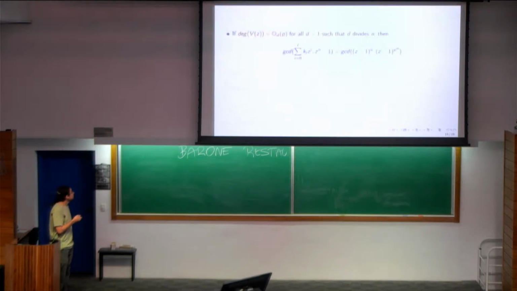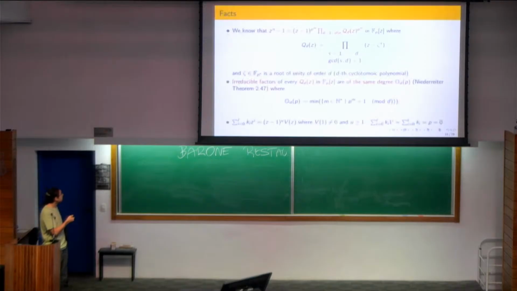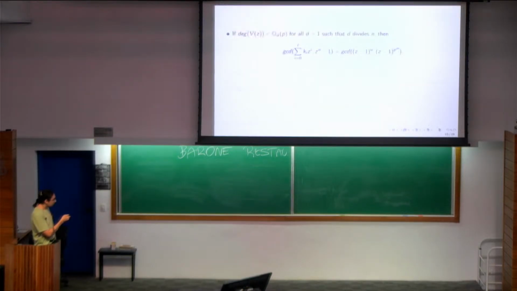If every Q_d here is prime to V of Z, we will have this equality: this GCD will just be this one.